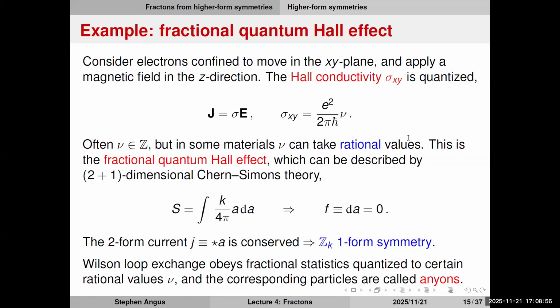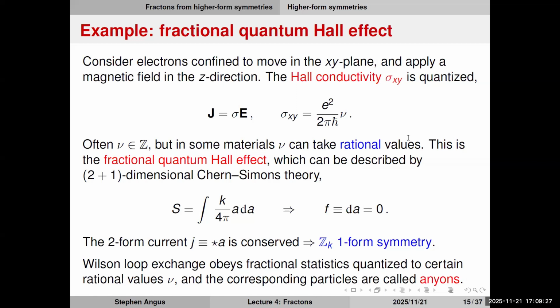And this is the origin of this property here. And the corresponding particles are called anyons. So they're something between a boson and a fermion. For example, if bosons have plus statistics and fermions have minus statistics, you can have some complex phase in between in 2 dimensions.